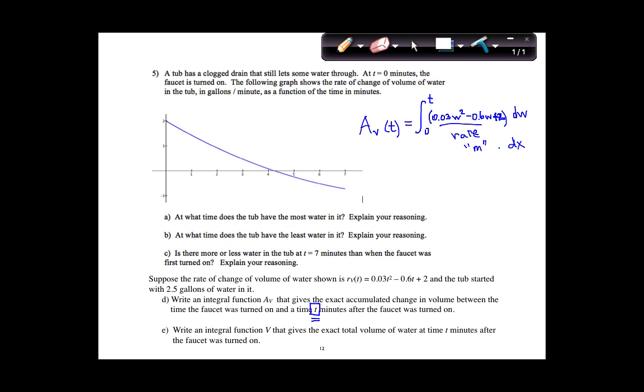And so we need to have something else in here. But if you're writing it on your own, you could use whatever letters you want and say that x is the number of minutes that have gone by. But since this one specified that t was the number of minutes since the faucet was turned on, then I need to have a different inside variable, a different dummy variable that takes on all the values from 0 through t. So again, this is an integral function.